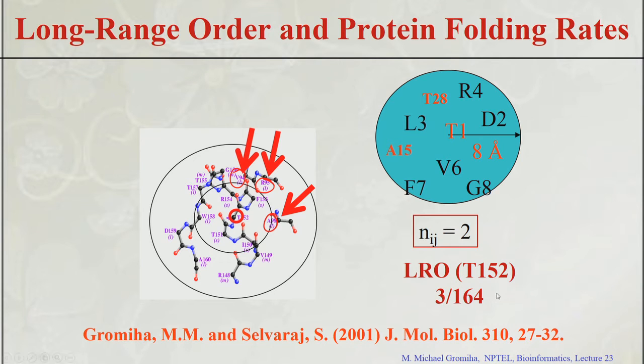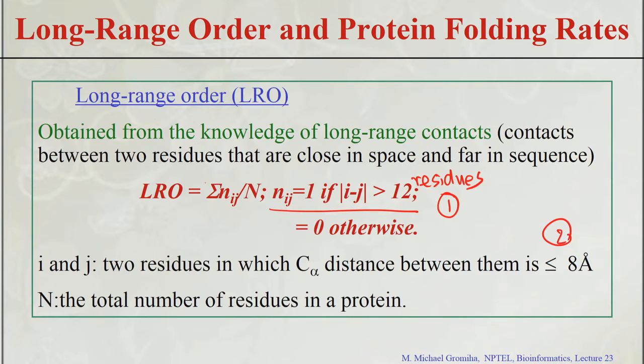You do it for all the residues. First you do the summation of Nij for each of these residues, sum up together, and then you normalize with N to get the LRO.